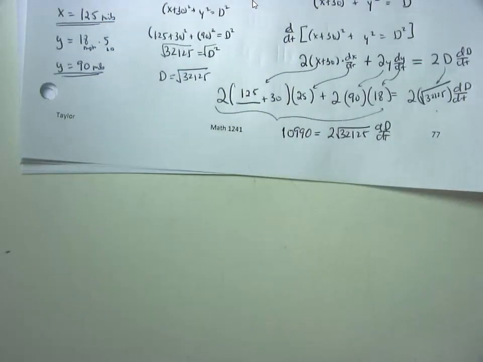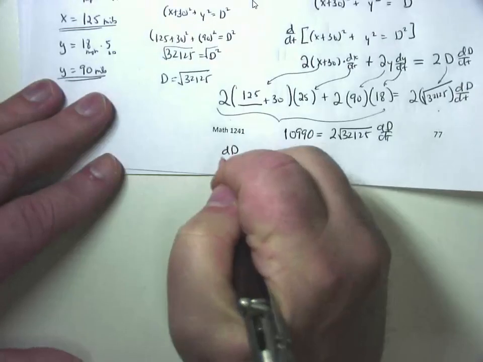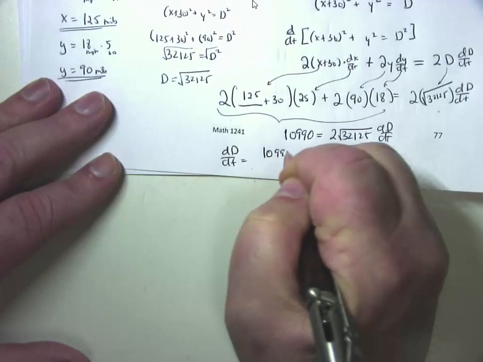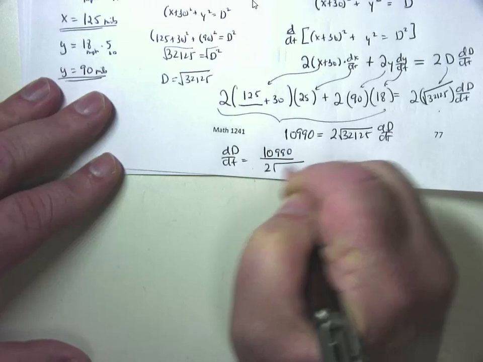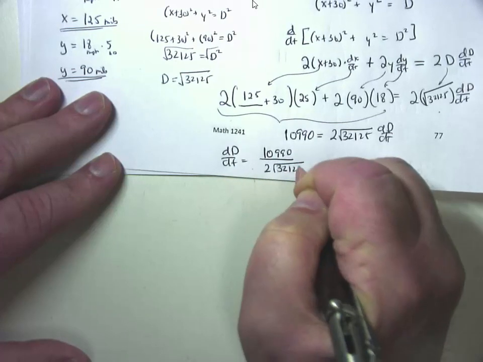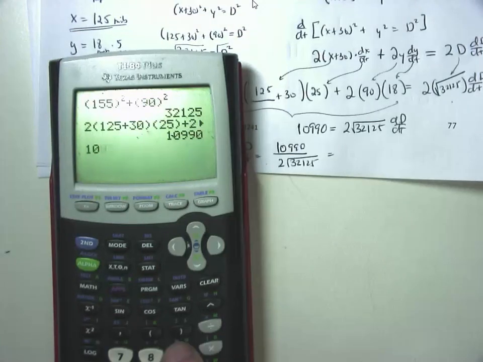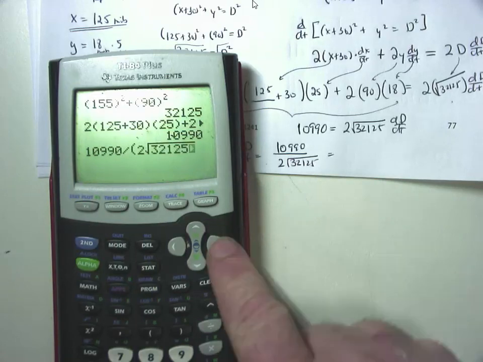So to solve for dd/dt, I'm going to divide. dd/dt equals 10,990 divided by 2 times the square root of 32,125.